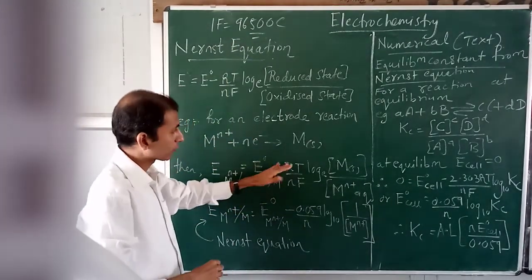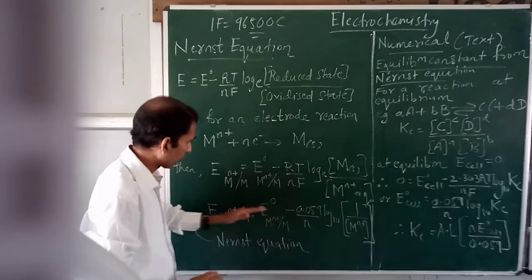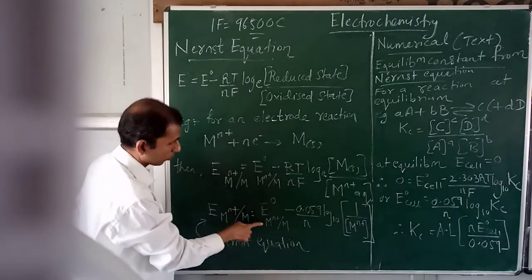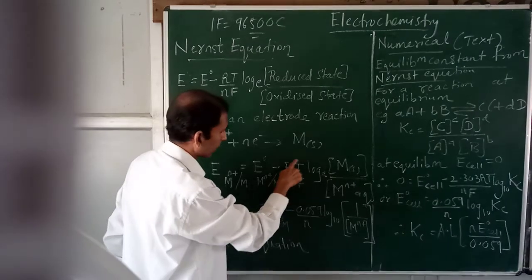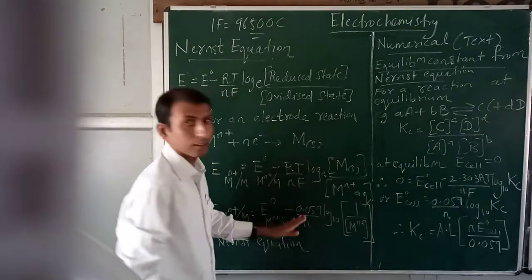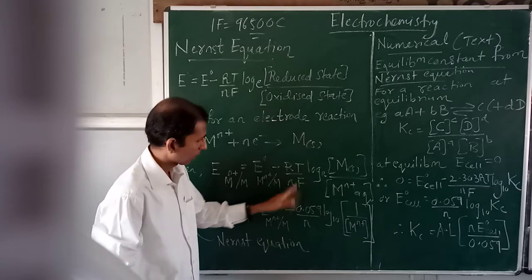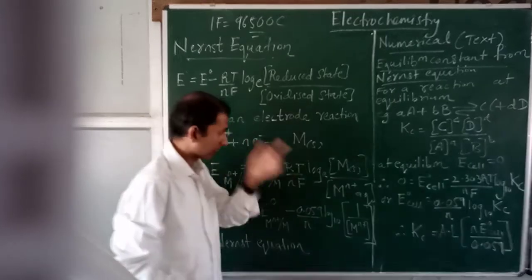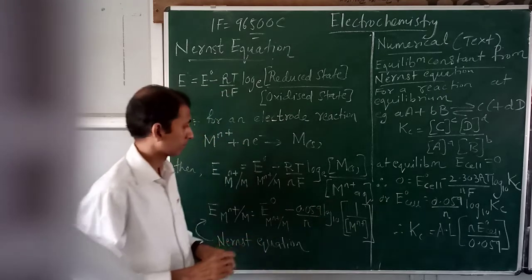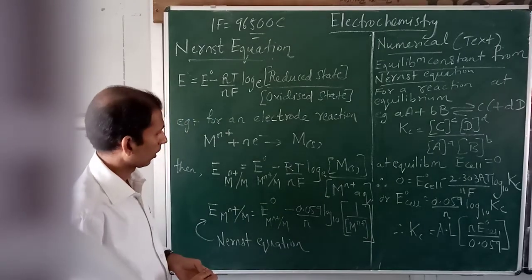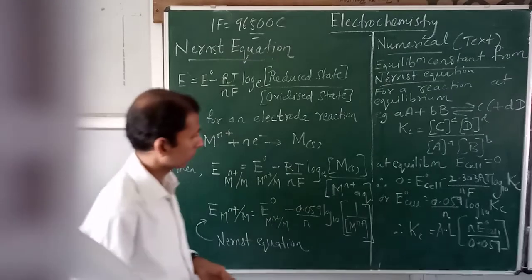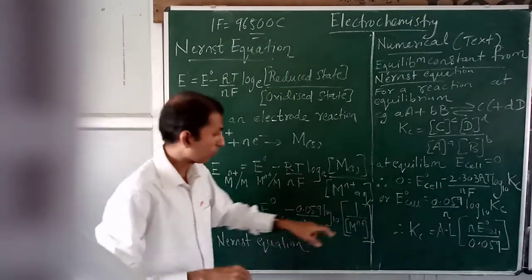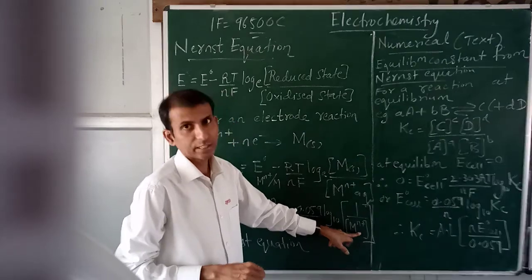If these values are substituted, this part remains the same, and after substituting this particular value you get this equation: minus 0.059 upon n, log to the base 10, 1 upon the molar concentration of the oxidized state of the species.